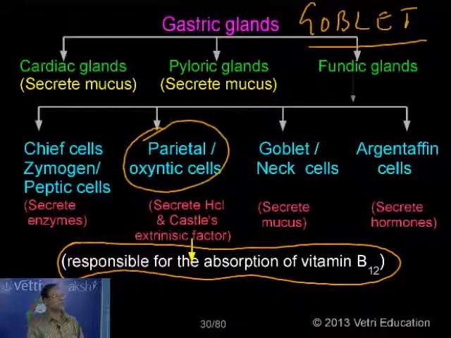So these cells are normally found both in the stomach as well as in the intestine. These are some of the cells found in the gastric glands, concerned with the secretion of either hormones or mucus or enzymes.